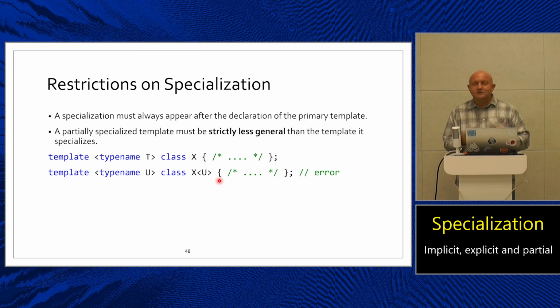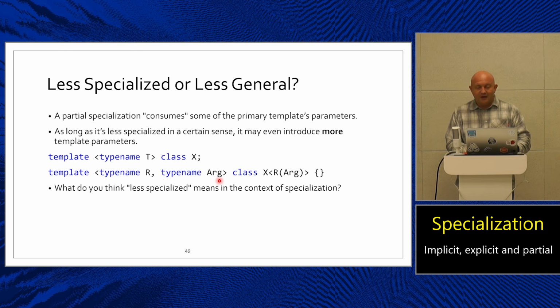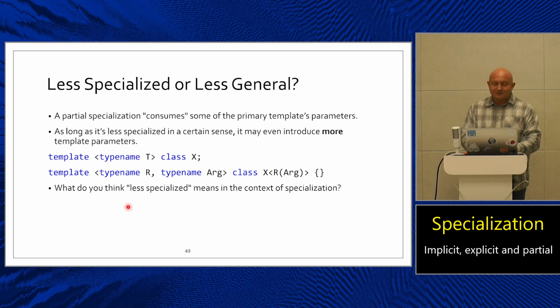So what does less general actually mean? It means the specialization must match a subset of the types that the primary template matches. And a specialization that is more specialized can have even more template parameters. Look at this. X specialized for all function types, and it introduces 2 parameters. It matches all functions taking a single argument.